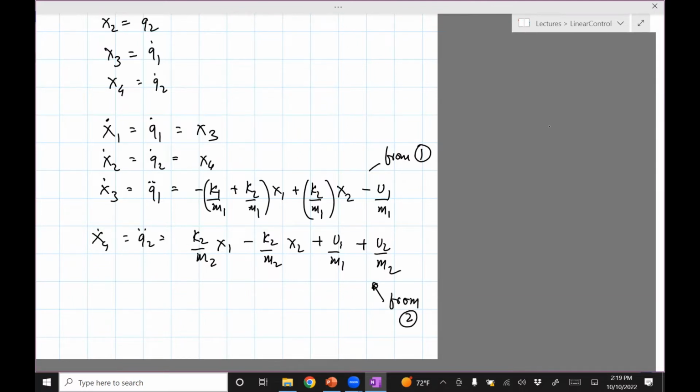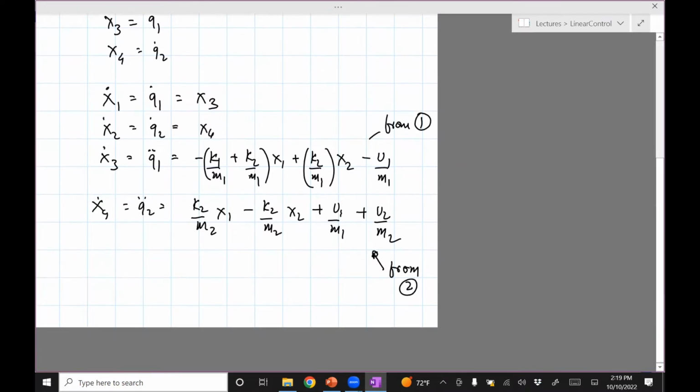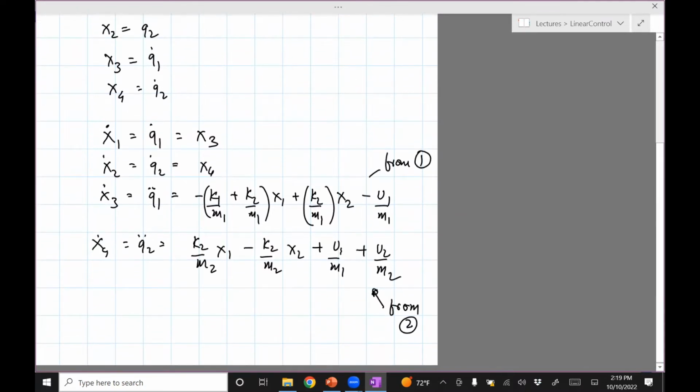Okay, so now we've seen that we've been able to write everything here in terms of x's and not q's. Next what I'm going to try to do is write the equation of the spring mass system as a matrix equation. And that's the state space representation.